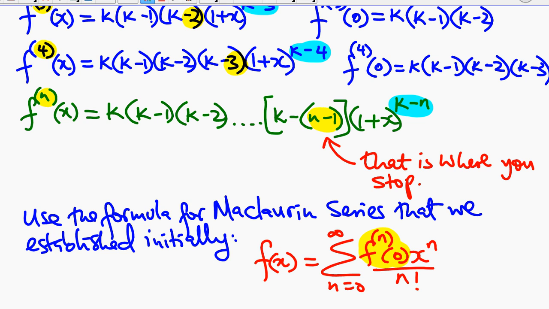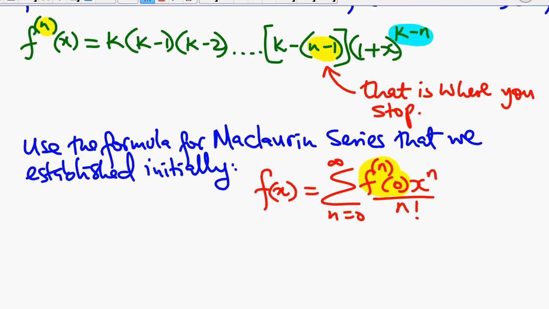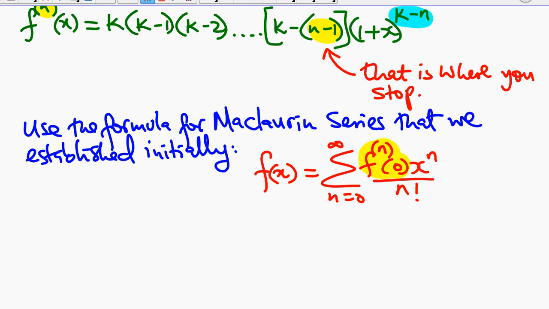I just need to find the nth derivative at x equals 0. Basically, the nth derivative of this function at x equals 0 will be equal to k into k minus 1, and so on.